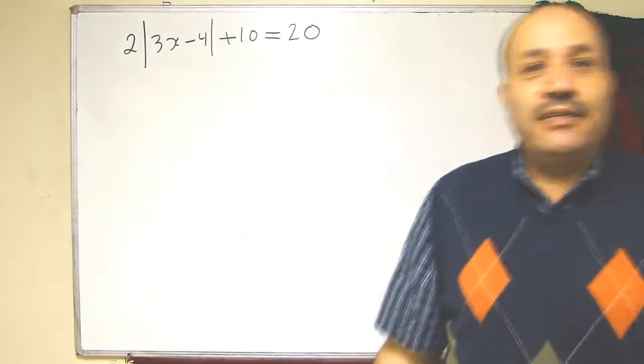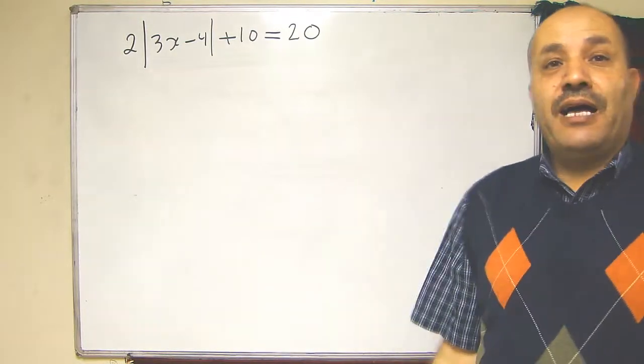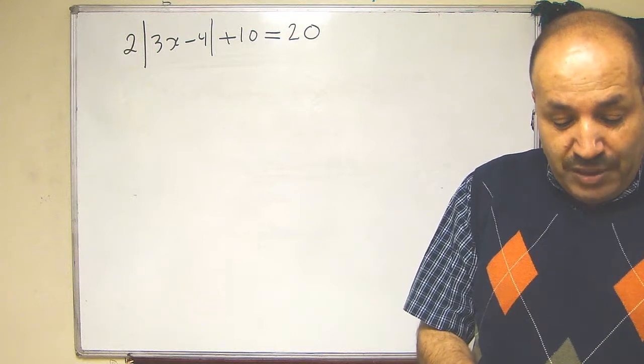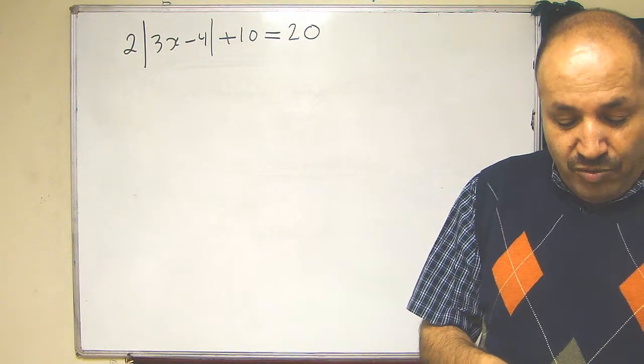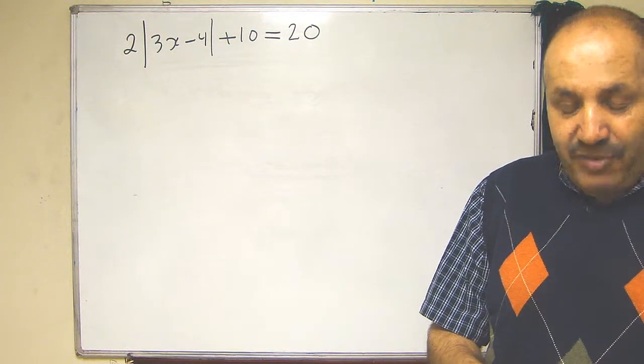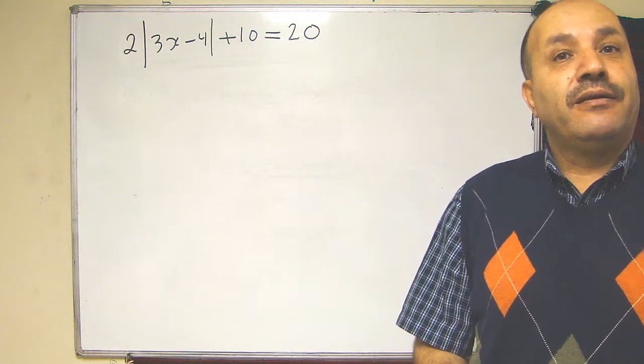If you notice here in this example, the absolute value is not on one side. So I will have to simplify it to make it easier, and this will be done by having the absolute value on one side.